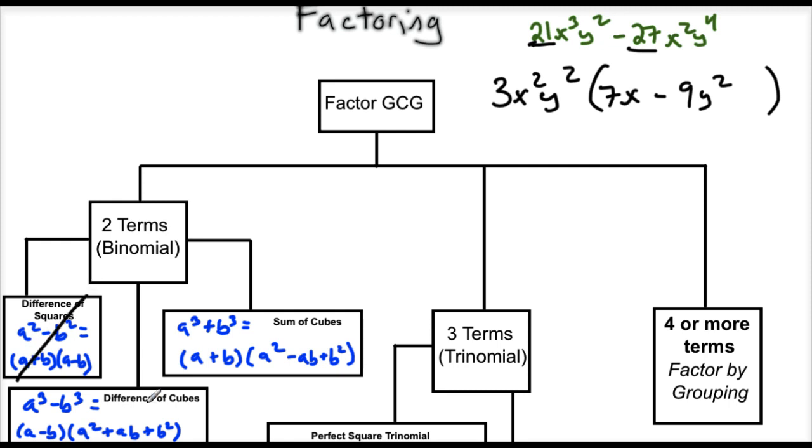It's not a difference of cubes either. There are no cubes anywhere here, and you can't write 9 as a cube. Because we checked all those off, we're done. These are the only 3 possibilities of factoring a binomial, so we're done with that problem.